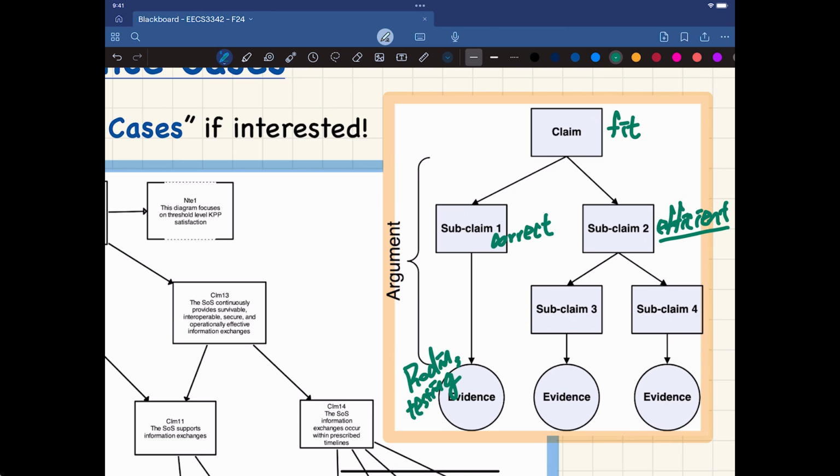One of them could be, for example, you do some asymptotic analysis. Efficient, I can say my claim is it's big O of n log n. That's a claim, right? Now, how do I provide evidence? Maybe I can give you the asymptotic analysis of the algorithm to show that it's big O of n log n, okay? And etc. So that's the essence for assurance cases.